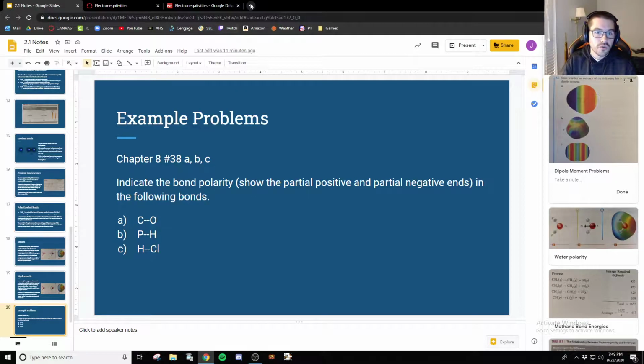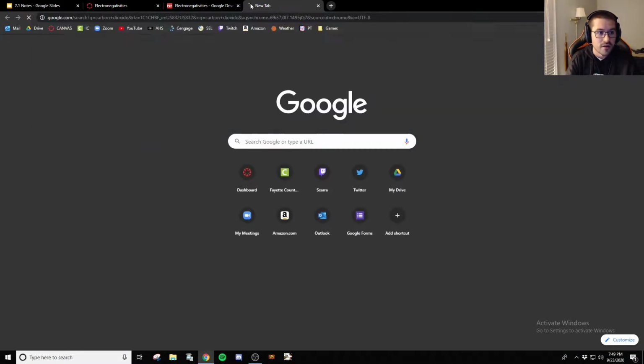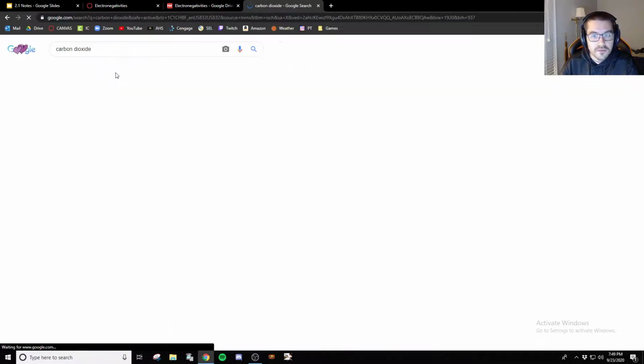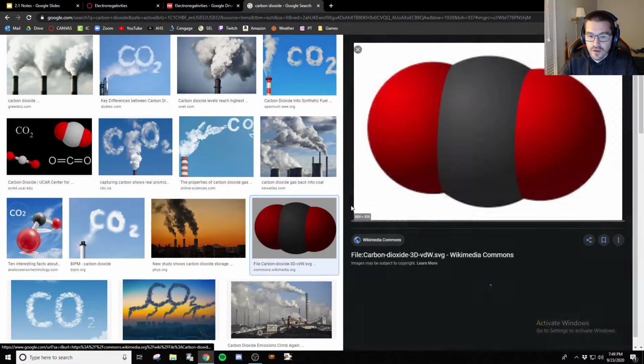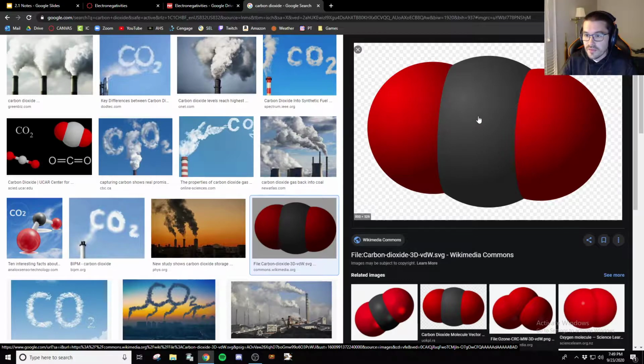Well, let me show you carbon dioxide. So here's a nice little picture of carbon dioxide. This is nice and symmetrical, right? So overall, this is not going to have a permanent dipole moment, even though the individual bonds are polar.